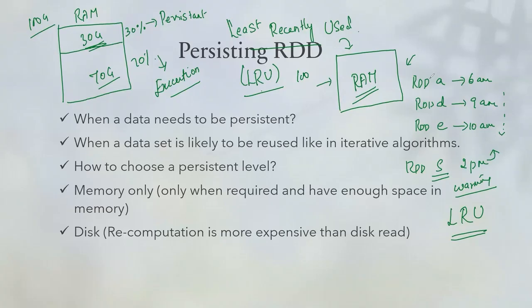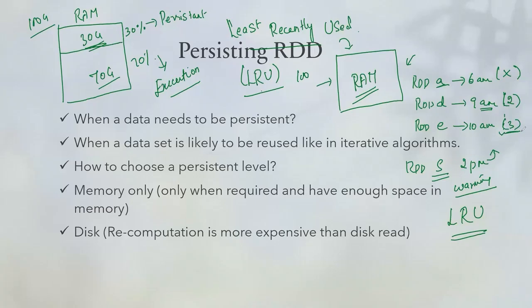Simple. It will go ahead and do a stat of, okay, what are all the persistent RDDs here? There is one which is sitting in the RAM from 6 a.m. in the morning. Imagine it is not even reused once from 6 a.m. till 2 p.m. till now. There is another RDD, say RDD-D, which has been reused 2 times from the time it is available in the RAM. Similarly, RDD-E, let's imagine it has been reused 3 times.